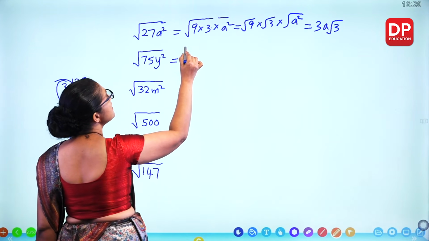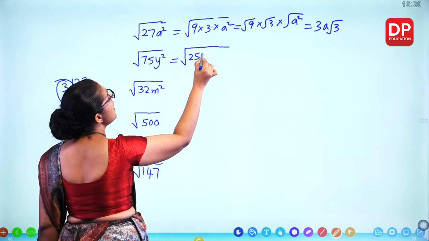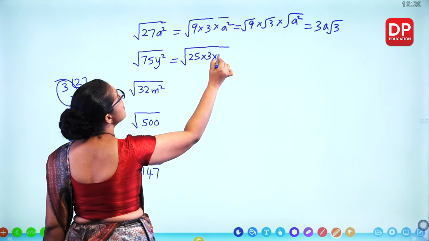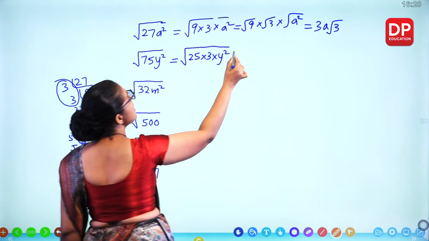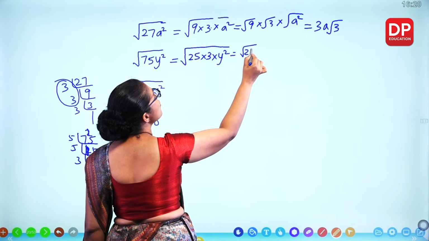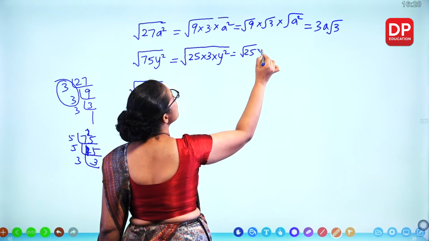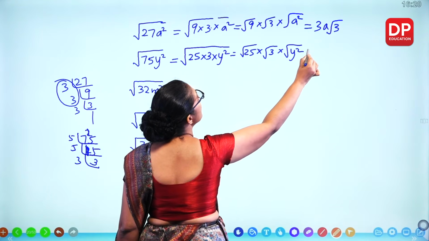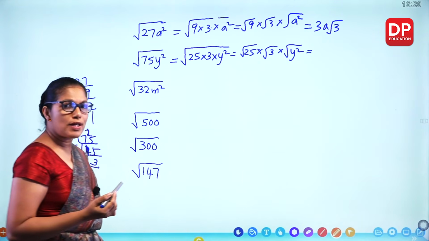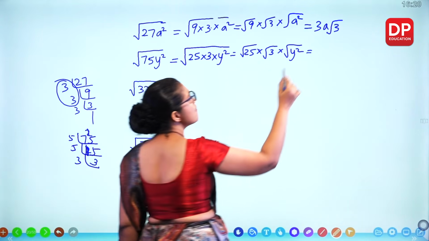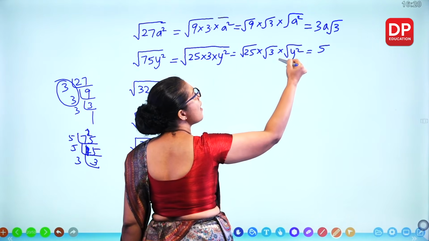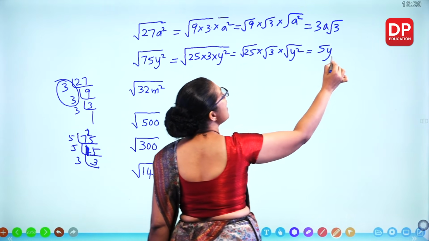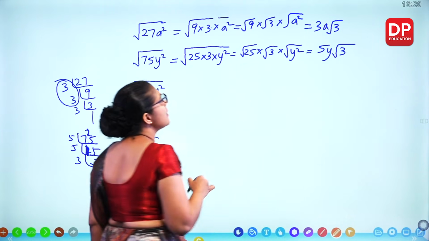So I can write this one as 25 times 3 times y squared. Take it separately: square root of 25, square root of 3 and square root of y squared. So what is square root of 25? You get 5. Square root of y squared, you get y, and root 3 remaining.